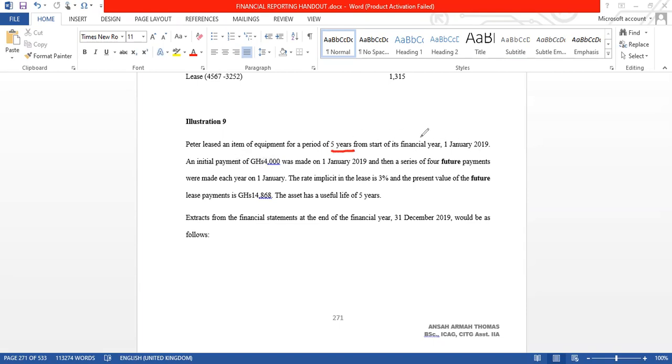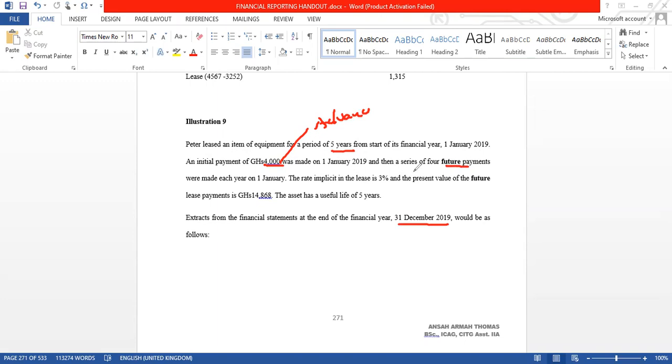Check the timing, it's very, very important. The requirement is on 31st December, and on 1st June the initial payment has been made. This should tell you that these payments are in advance. So you have a series: on Fenja, and then a series of four future payments.